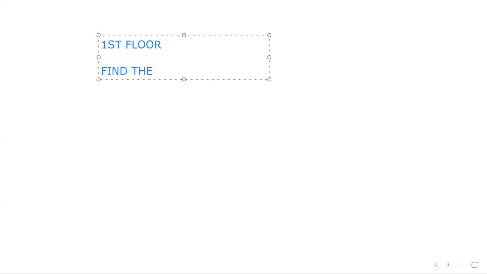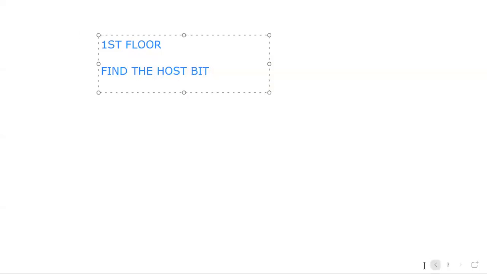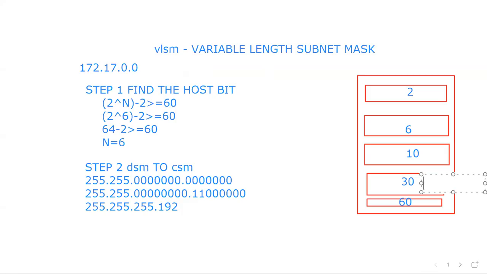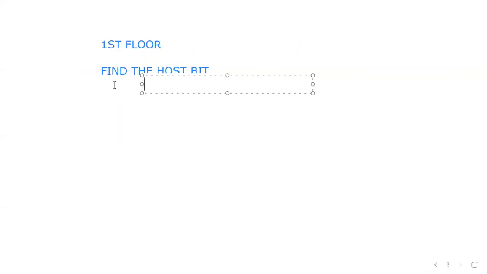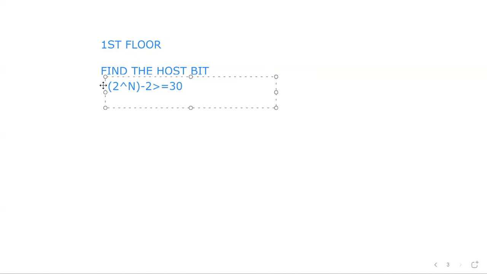Find the network host bit. 30, right? 2 to the power n, subtract 2 is greater than or equal to 30. 2 to the power 0, 2 to the power 1, 2 to the power 2, up to 2 to the power 4, subtract 2 is greater than or equal to 30?